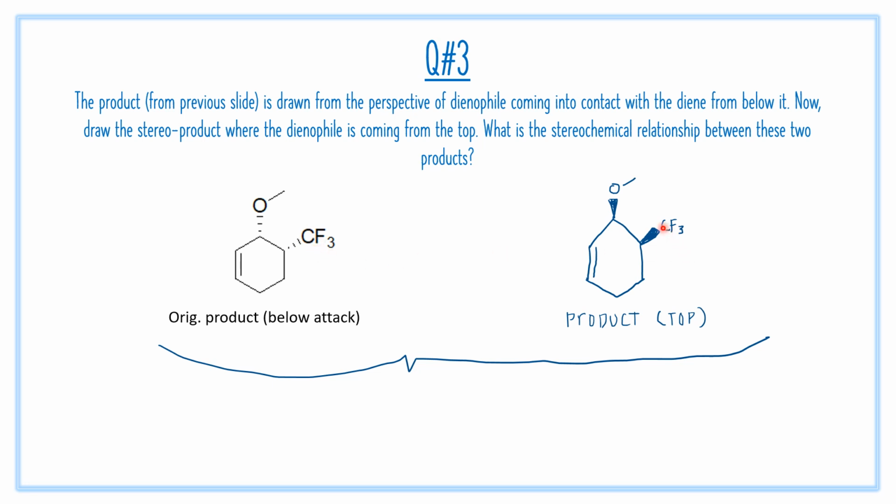For the other product that's coming from the top, they're both on wedges. So what does this mean? That means they are mirror images of each other that are non-superimposable. And this is called an enantiomer. That's the relationship: they're enantiomers.